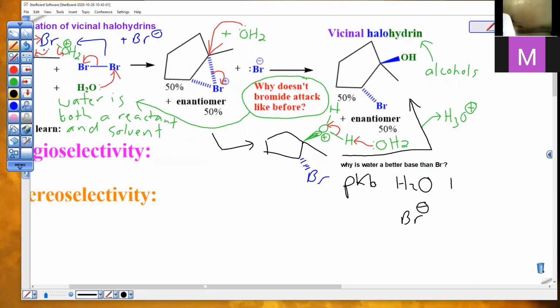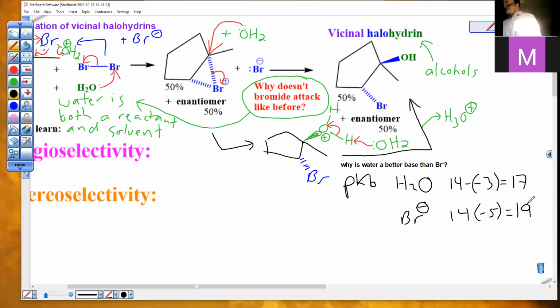So pKb is 14 minus the pKa of the conjugate acid, which is -3 for hydronium, so 17. pKb for bromide is 14 minus HBr's pKa, which is -5. Yes, it's been rounded to -5, but the story is this is a slightly stronger base. Water is a stronger base by a factor of 100 than bromide. Remember, it's a log scale and the difference is 2. 10 to the power of 2 is 100.